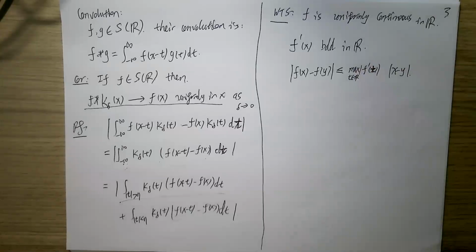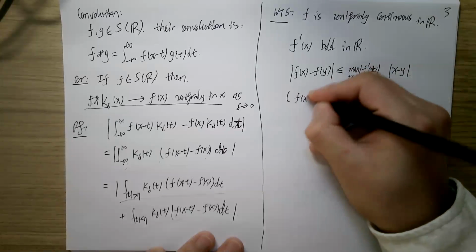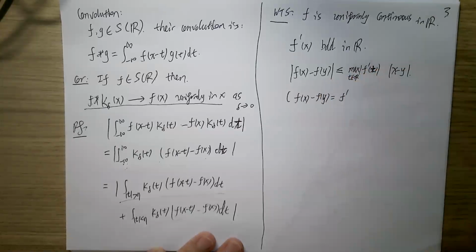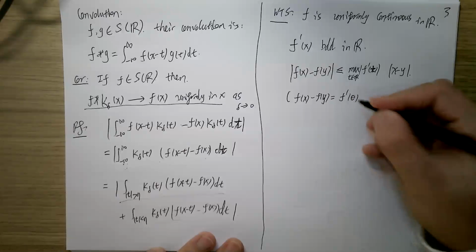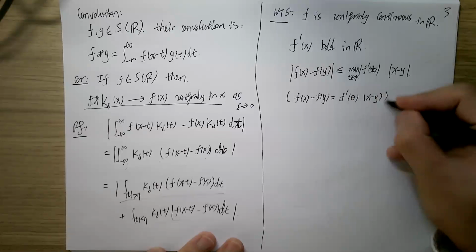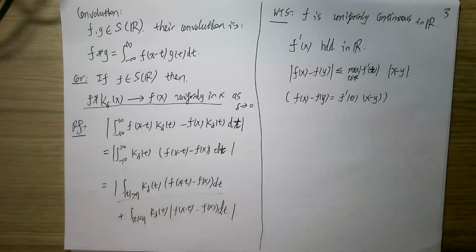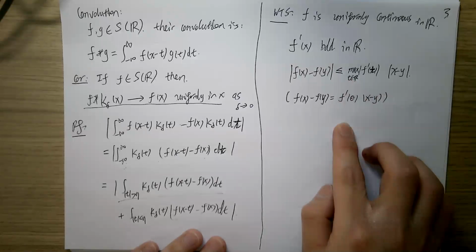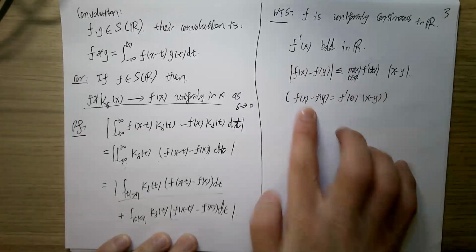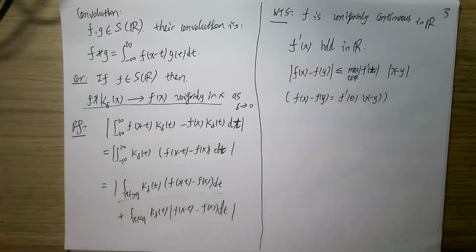Do you still remember this mean value theorem? f(x) minus f(y) equals f prime at some point theta between x and y, times x minus y, right? So if you take this part to be the maximum value of all the f prime, then of course the right-hand side is greater than the left-hand side. That clear?